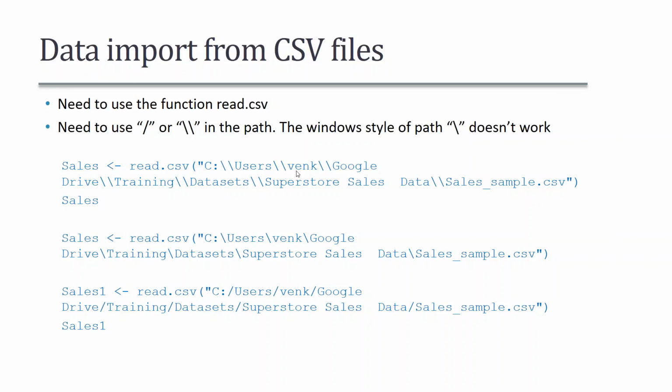First one is double backslash. If you use it as it is, obviously you're going to change the name of the path and all that. If you use only a single slash, you will get an error in the second command. The third command is again corrected second, the other way of importing the data.